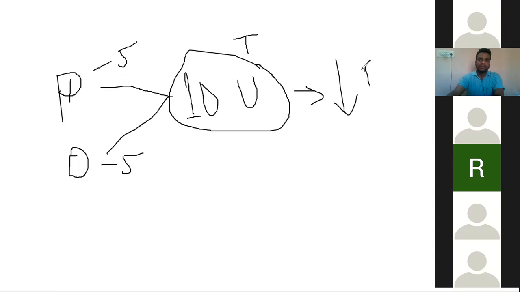Okay, so now what I want you to understand is you utilize the property of these two drugs to get a common therapeutic effect. But now let's imagine a scenario where you want to achieve 10 units of therapeutic efficacy by using only paracetamol, but not diclofenac.